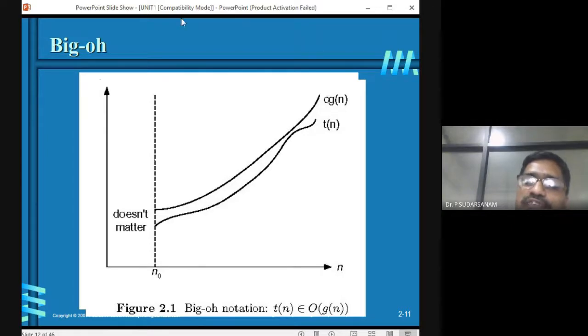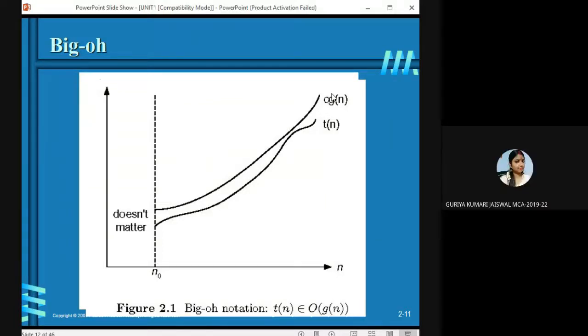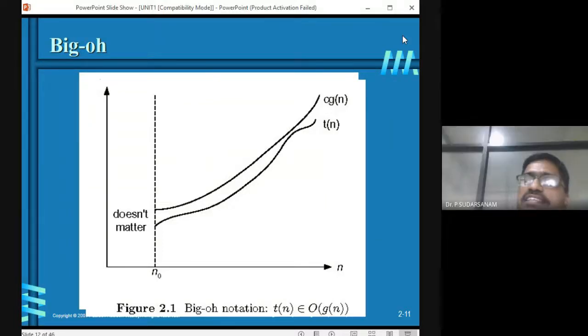Now the T of n function can move up to G of n. So this is 2, this is 6. To reach 6 from 2, what do you have to do? Multiply with some constant. Correct. If you multiply with some number, then only you will get 6.